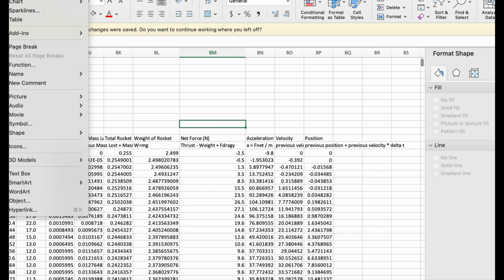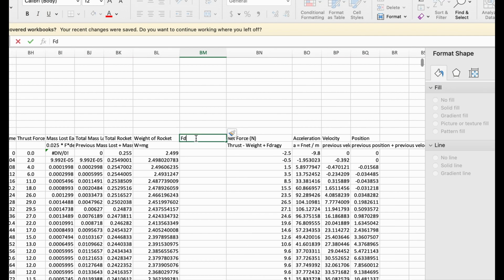I'll insert a column for F drag in the Y dimension. So this can be positive or negative. The formula is negative B times Vy times the absolute value of Vy.